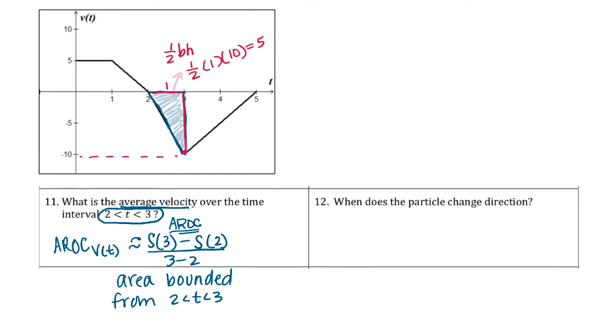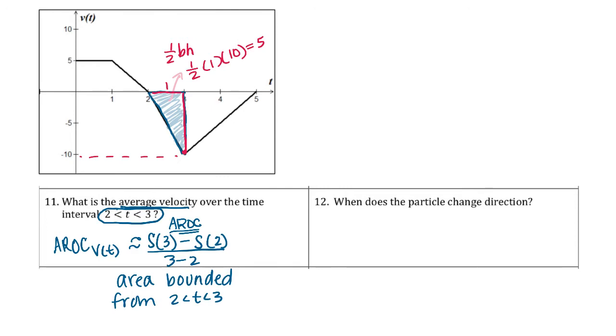Now, since this bounded area is below the x-axis, we're going to make it negative. Now, I understand if I used -10 earlier, then it would have been negative, but we have to be careful with this. We could have done something completely different with this in a different situation, following that same thought process, and you're going to miss your sign.